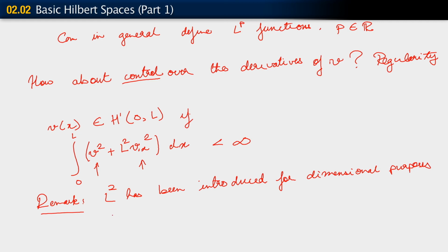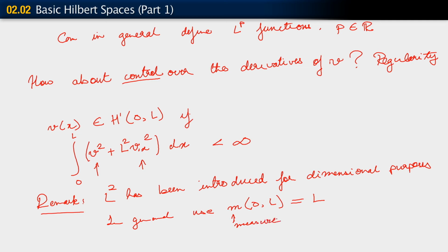In general, if you don't want to write L square, or if you don't want to write L, it's common to write m for the measure of 0, L. This equals L. Okay? Where m here is the measure of our domain.